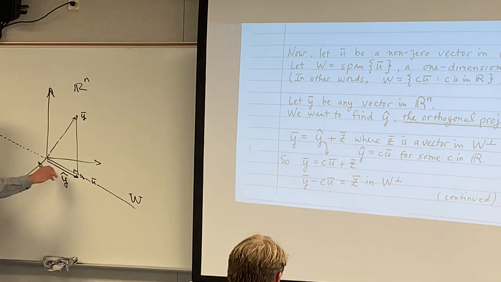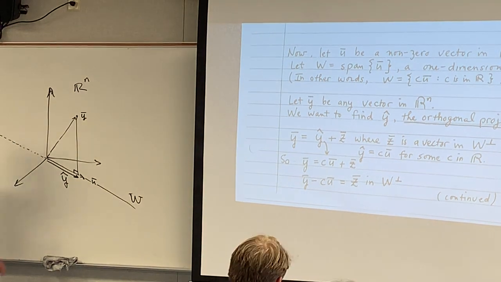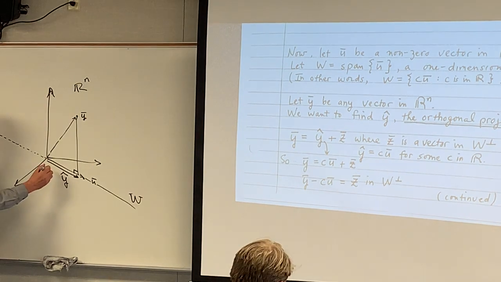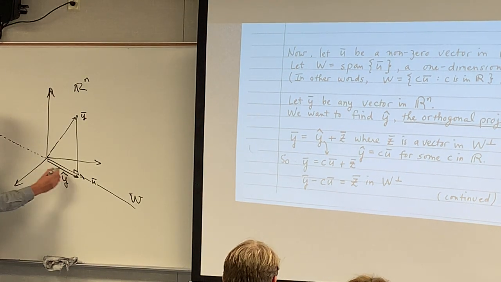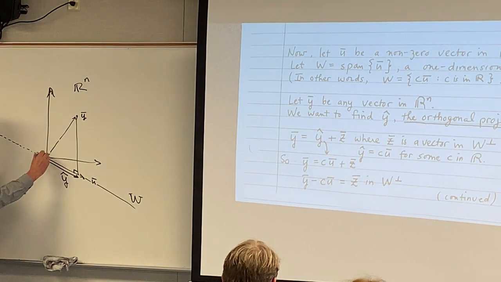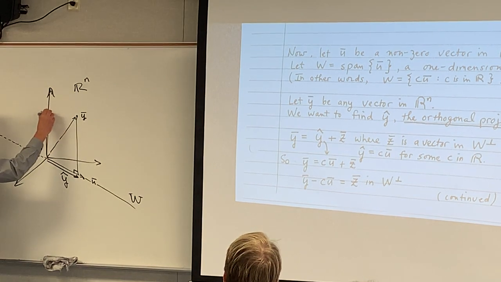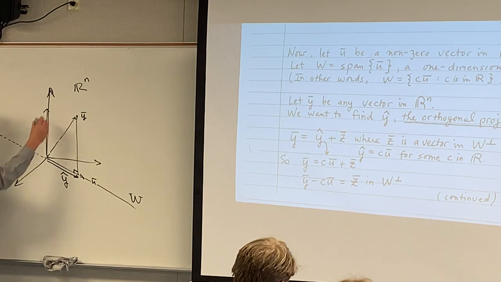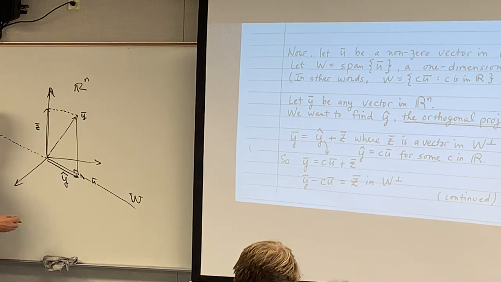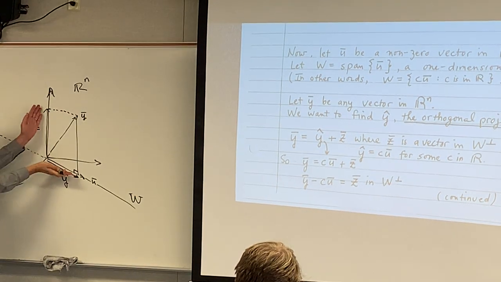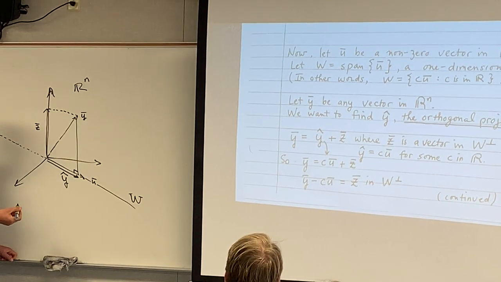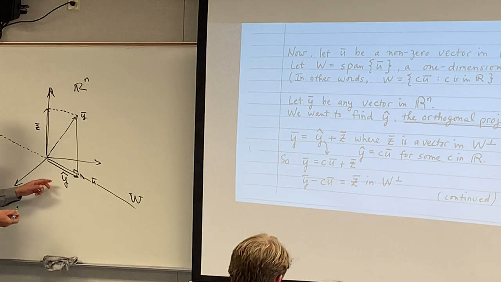But if it is in the xy plane, then this z vector, what we're saying is there's a vector perpendicular to y hat, which you could possibly draw here or here, either, where y hat plus z add back up to the y bar vector. So this is what we're trying to find.